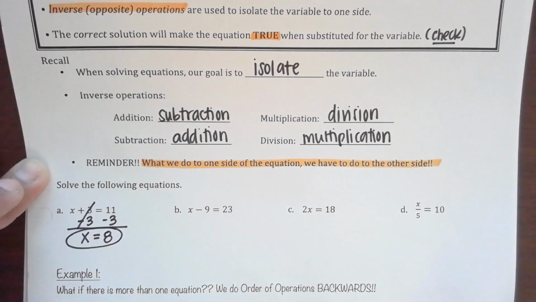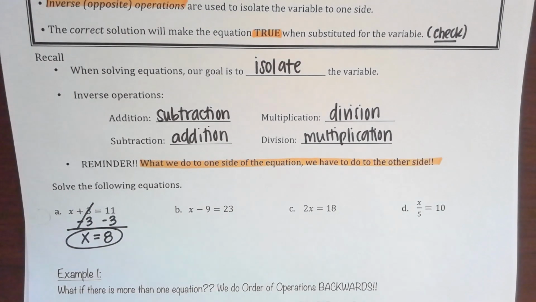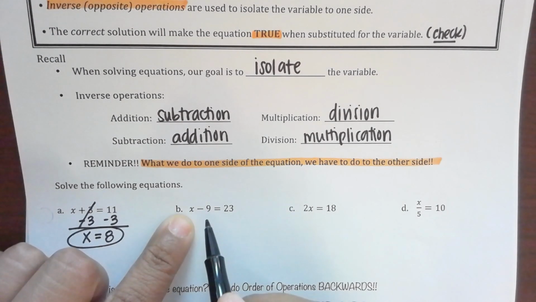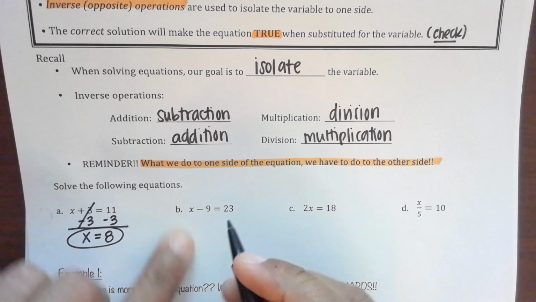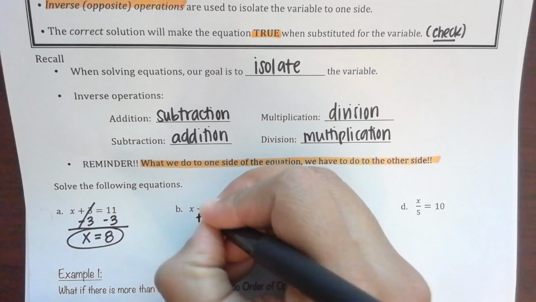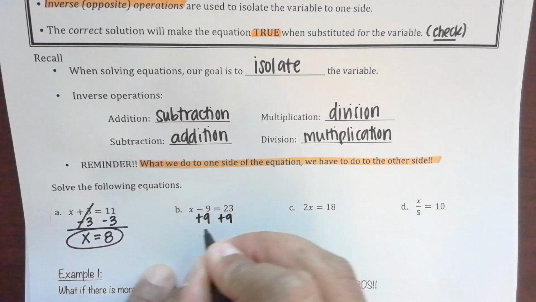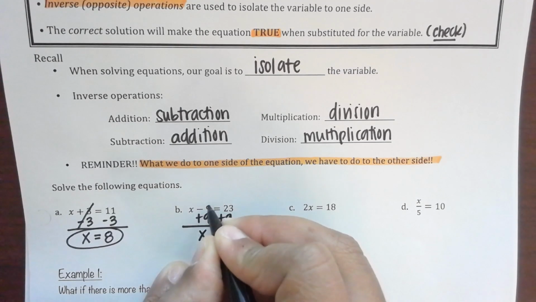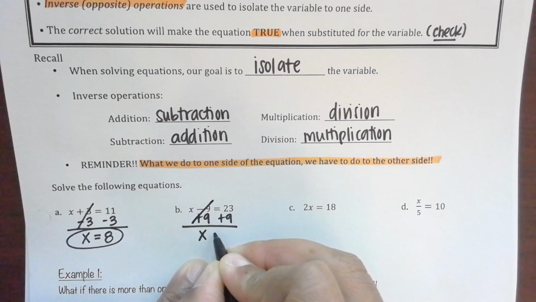Any questions there? For B, I have x minus 9 equals 23. What operation is happening here? Subtraction by 9. So how do I get rid of subtraction by 9? Adding 9, making a positive 9 on both sides. What's being brought down? What happens to my 9's? What comes down behind that?